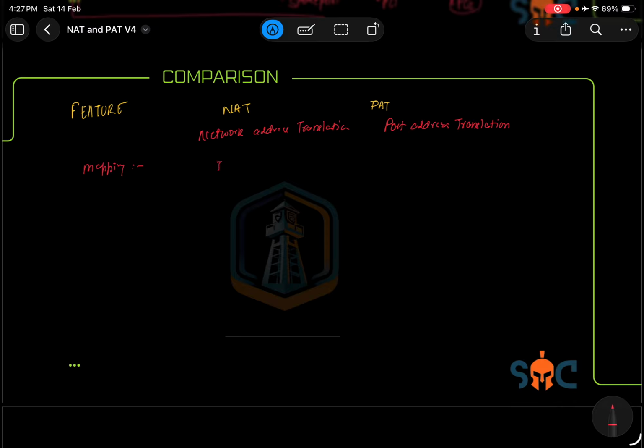In NAT, mapping is done IP to IP. One private IP is being assigned to one public IP. In PAT, it is IP plus port. The same public IP is assigned to multiple devices but with different port numbers.